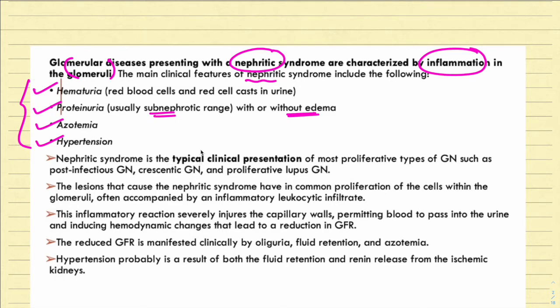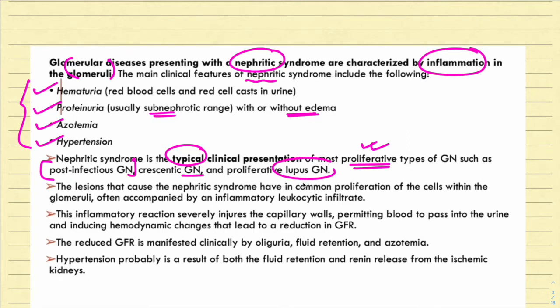Now, nephritic syndrome is a typical clinical manifestation of most proliferative varieties of glomerulonephritis. So what are the glomerulopathies which basically present as a nephritic syndrome? Very important: PSGN, that is post-streptococcal or post-infectious glomerulonephritis, crescentic glomerulonephritis, and proliferative lupus glomerulonephritis.